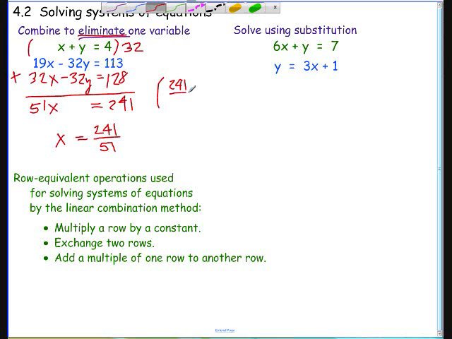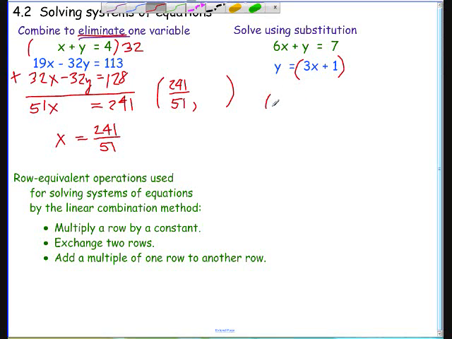And in defense of myself, I didn't actually intend to go ahead and solve them, just talk about why this one made more sense to do linear combination, and this one made more sense to do substitution. So I've got a y, and I should figure it out. On this one, substitution looks like a smart way to do it because it's already solved for y.